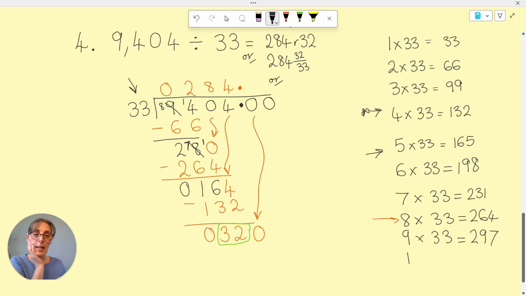And then 10 lots of 33. Well, it moves up the place value system when we do 10 lots. So it must be 330. So it's 320. So it's got to be this one here. Let's just get rid of these.